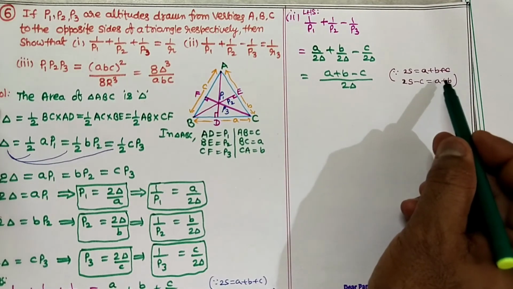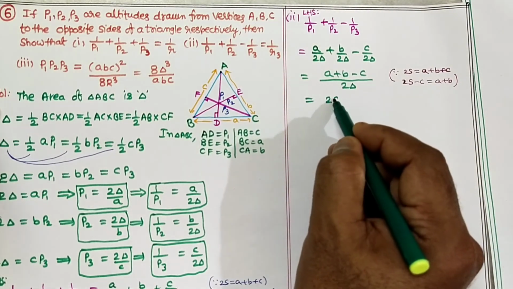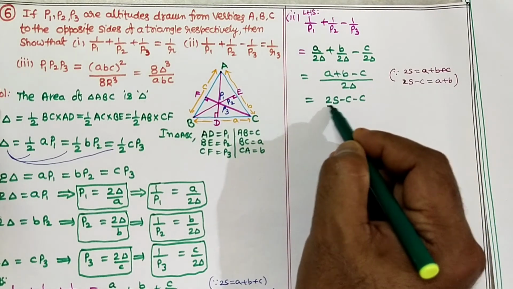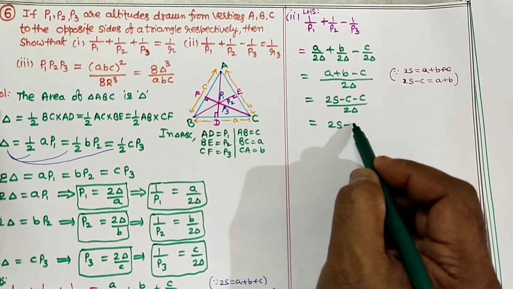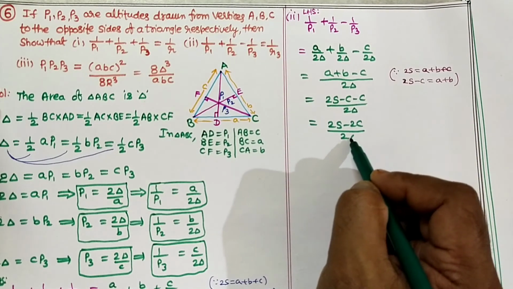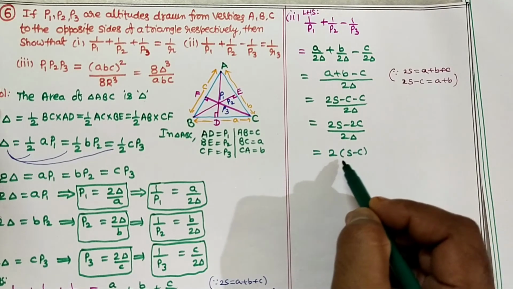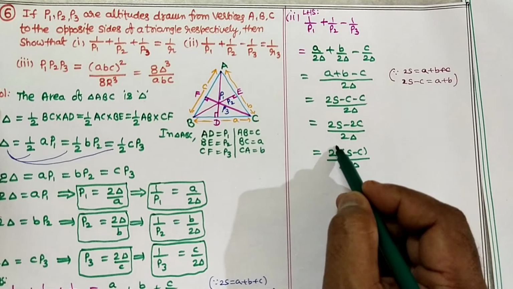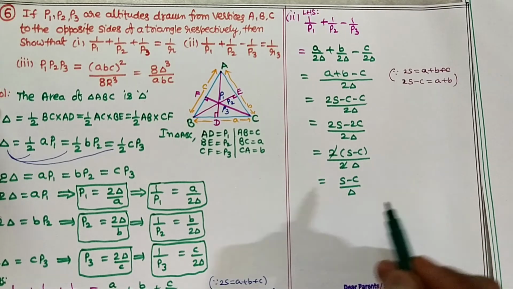Wherever A plus B is there, replace it with 2S minus C. So 2S minus C divided by 2 delta, which is equal to 2S minus 2C divided by 2 delta. Take 2 common: 2 into S minus C divided by 2 delta. The 2 gets cancelled: S minus C divided by delta.